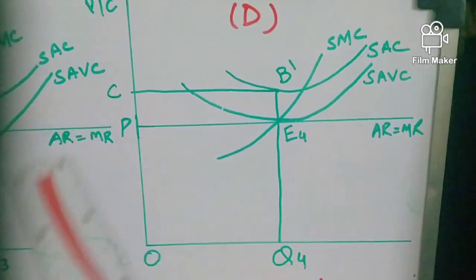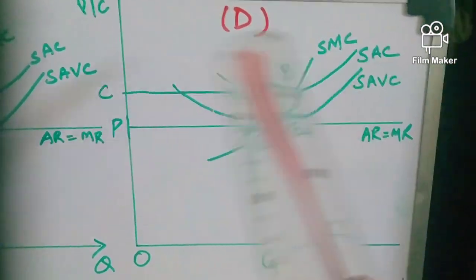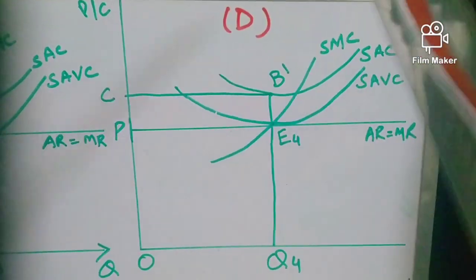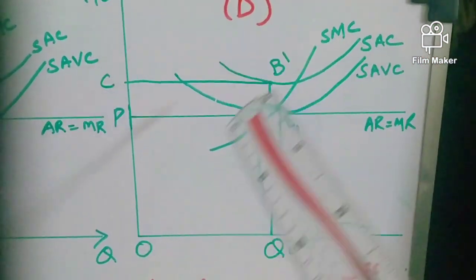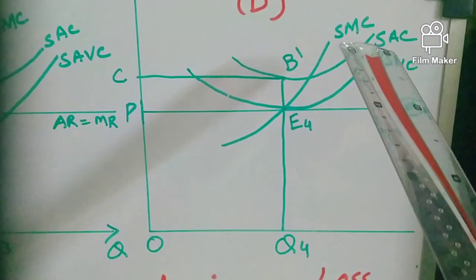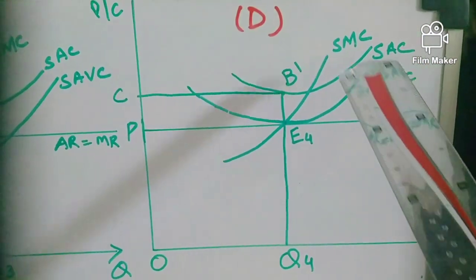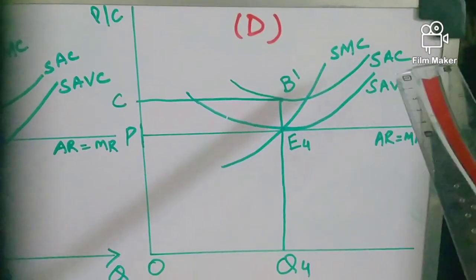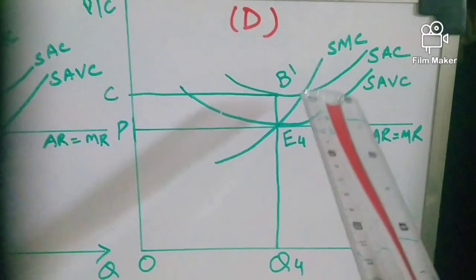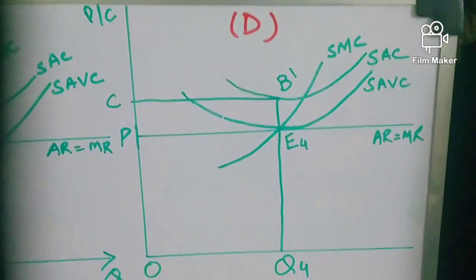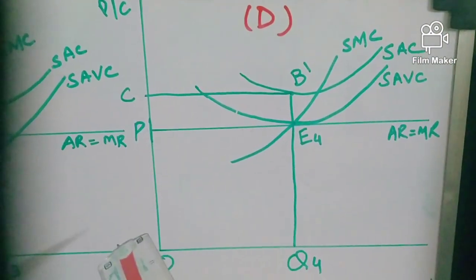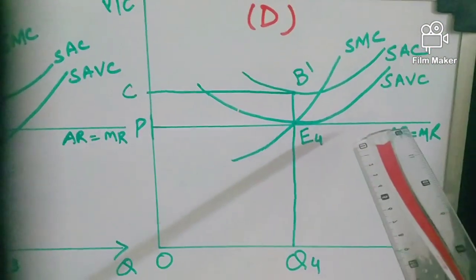In this case, as the price falls to the short-run average variable cost, the firm just covers its short-run average variable costs. It will have to face a loss equal to the average fixed cost. So the firm will have to decide whether to continue to produce or to close down. But it will pay the firm to continue the production of OQ4. But if price falls below P, then it will have to close down.